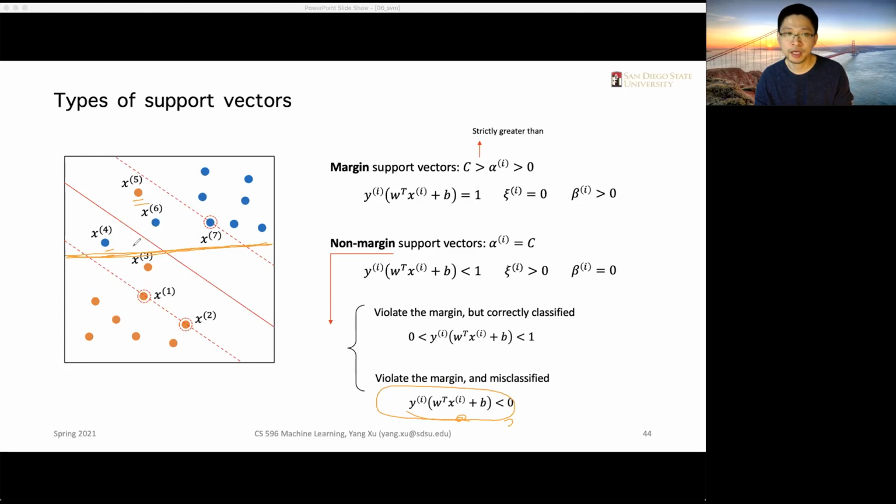But if the margin is too small, and a new data point comes in at this position, it is more likely to be classified as yellow, right? But by observing the data, it's actually closer to the group of these blue data points. So a smaller margin is risky to generalize well.